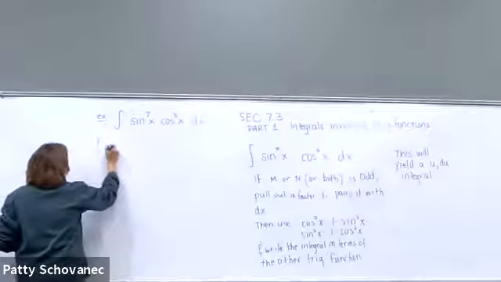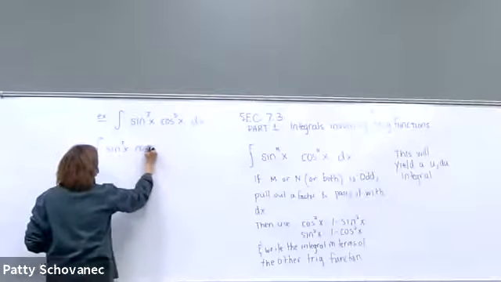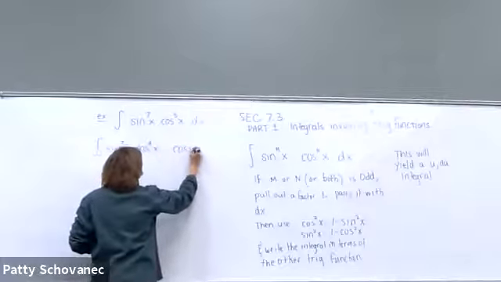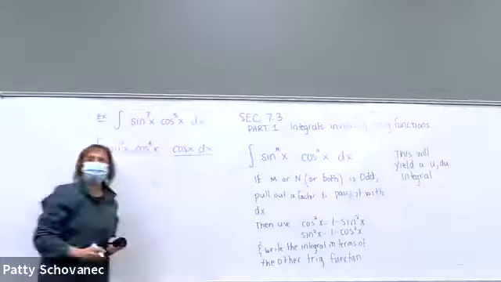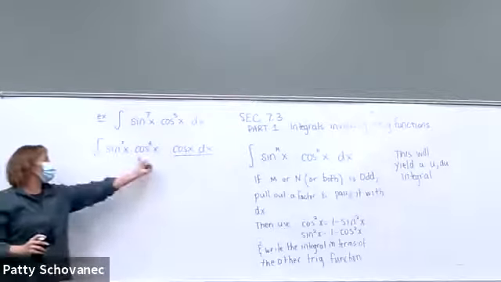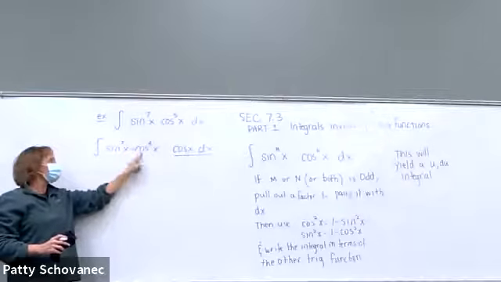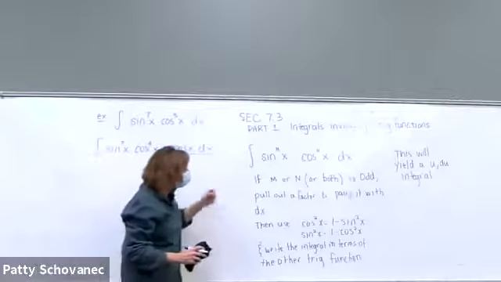I'm going to rewrite that as the sine to the 7th, cosine to the 4th, and then cosine of x dx. So this is what I mean. I'm setting this up as the du. If that's du, all of this has to be in terms of sine. So I'm going to replace cosine to the fourth with cosine squared squared.